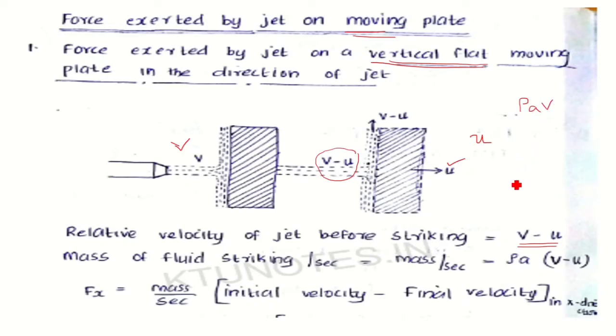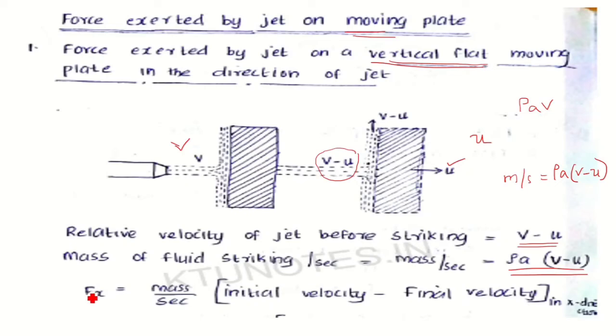But in this problem, the plate is moving with a velocity u, so the mass per second striking will be rho a into v minus u, because the fluid is striking the plate at a relative velocity. So rho a into v minus u is the mass of fluid striking the plate.